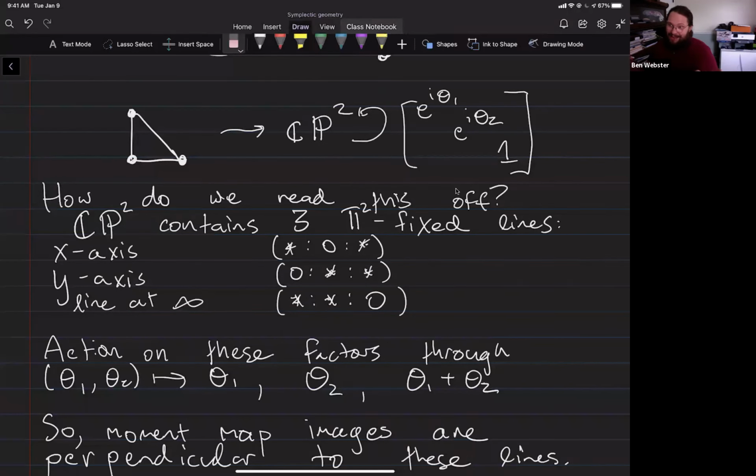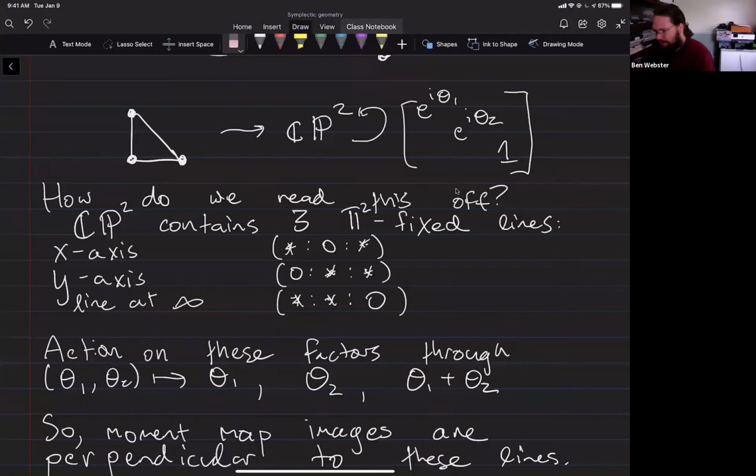I'm going to call these lines because I'm used to thinking in terms of algebraic geometry. So these are CP1s inside CP2, which are invariant under the action of the torus. So there's the x-axis, there's the y-axis, and then there's the line at infinity.